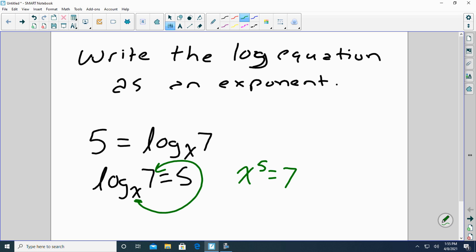So on this sheet, I want you to work on the first 4 problems. 1, 2, 3, and 4. Sorry about that.